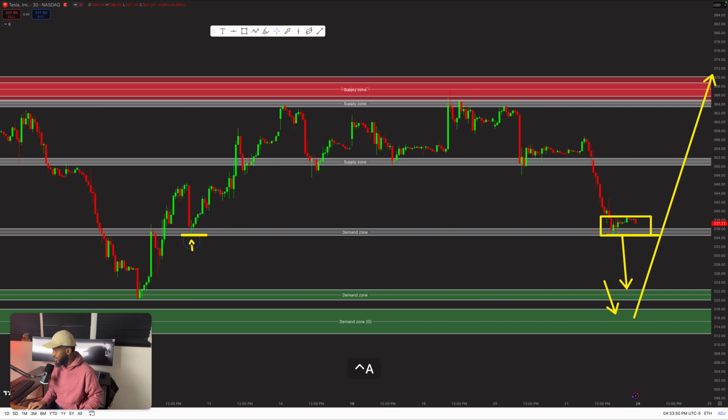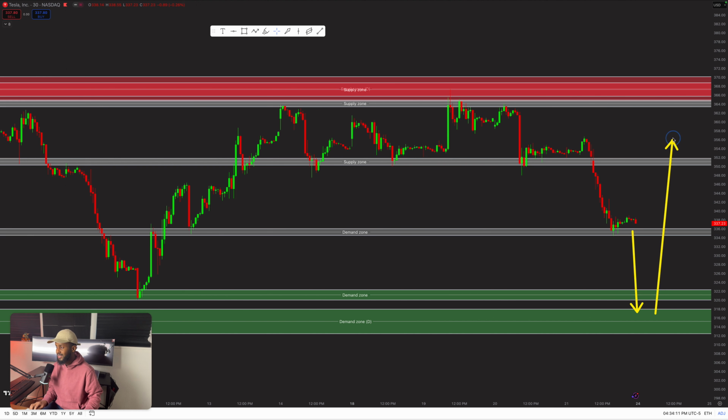Sometimes it will, you can see right there. Sometimes it does, but a 30-minute time frame usually does not have the passive orders to push a stock, and it usually requires active orders for that thing to move. But a daily time frame definitely has the liquidity and the passive orders to push a stock higher.